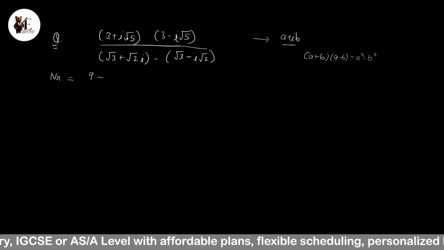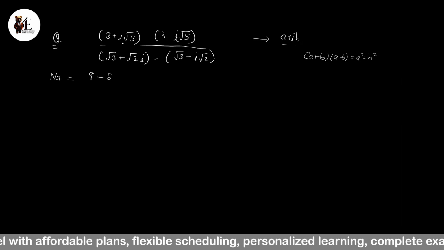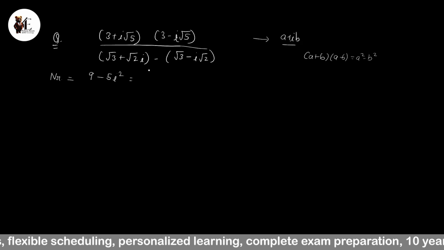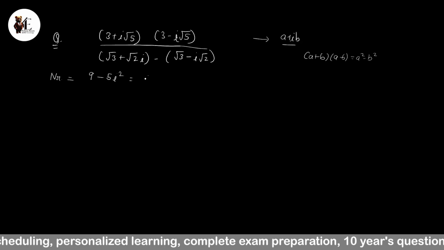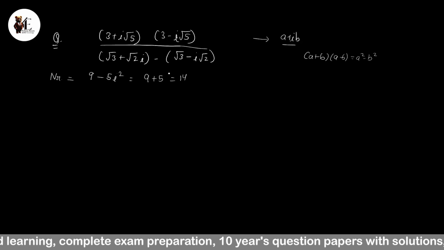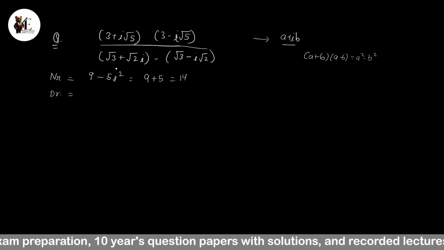The square of root 5 is 5 and I square will be -1, so this will become 9 plus 5, that is 14.